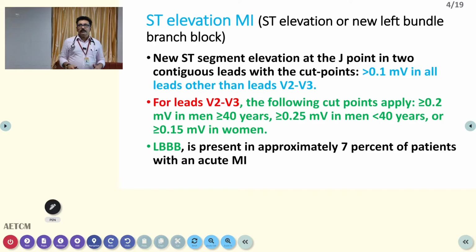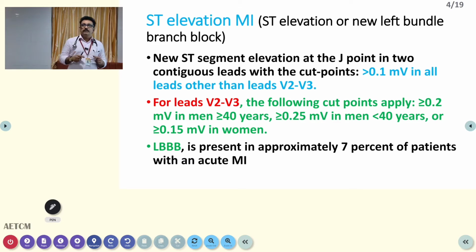Significant ST segment elevation means a new ST segment elevation at the J point in two contiguous leads. So suppose you get a change in V1, V2 has to have it. If the change is in V2, V3 has to have it. If the change is in V3, V4 has to have it. Like that, in inferior leads, if lead 2 has it, then lead 3 also has to have the same change.